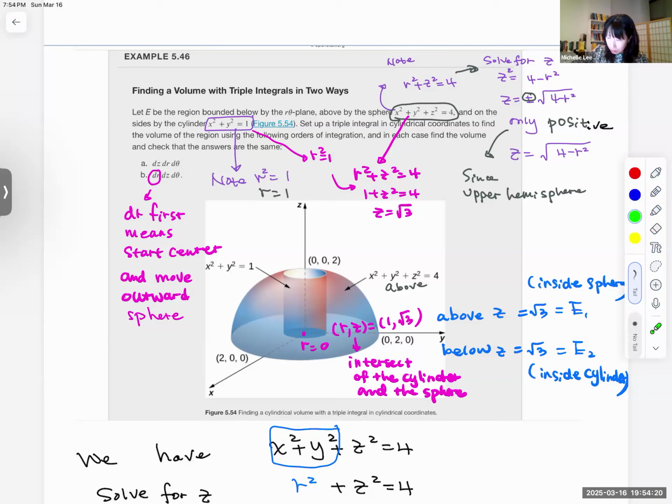So once again, we have to add two regions if we are using the r, the z, the theta. Yeah. So above z equals square root of 3, that is the one we want to indicate. So inside the sphere, oh, hold on one second. Inside the sphere, right? Okay, below z equals square root of 3, inside the cylinder, right? Yeah. Okay, let's do it.